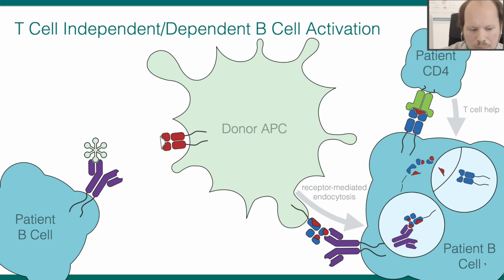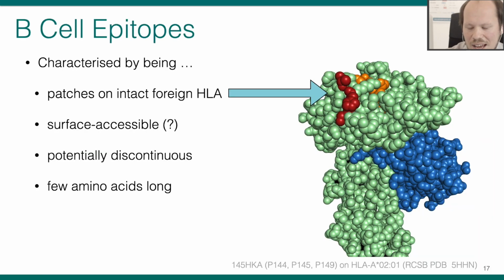So let's now look at how these epitopes look, and also in my talk I will use these 3D charts, or these plots. A B-cell epitope is basically characterized by being a patch, or different patches, on intact foreign HLA.